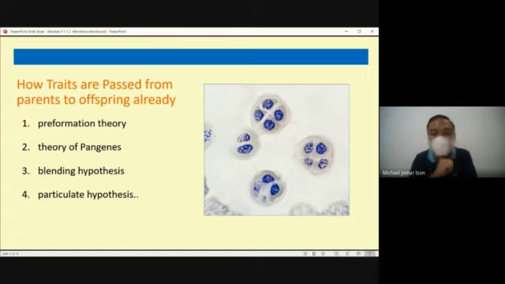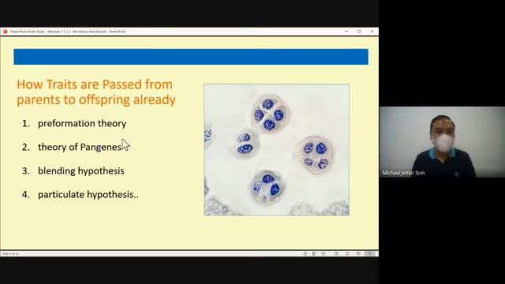And number four is particulate hypothesis. We'll just go through very fast here since this is simply an introduction. But take note that during the early 19th century, people did not really have any scientific basis for the transfer of traits from parents to offspring.